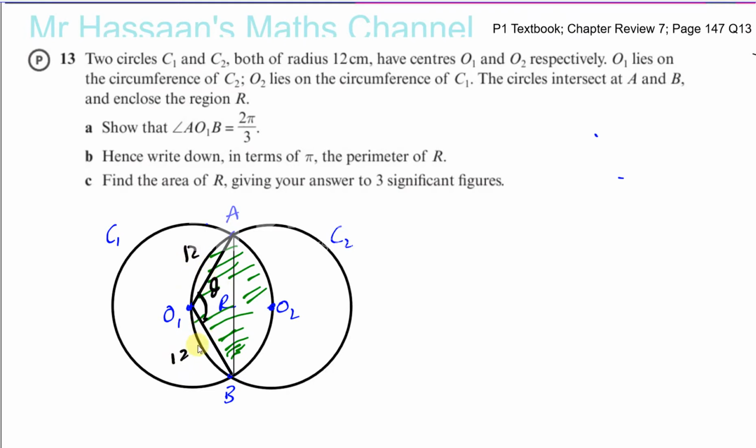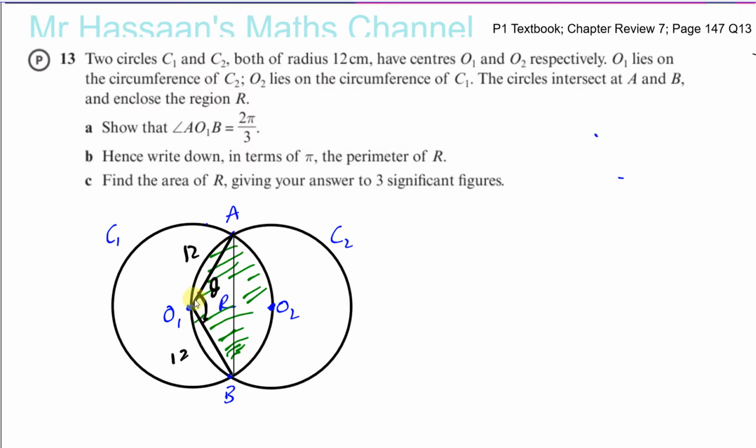These two are both 12, and I need to find this angle. Can I find this length? This is the chord from A to B. That angle is the same as that angle, and that's 12 centimeters. Show that angle AO1B is equal to 2 pi over 3.